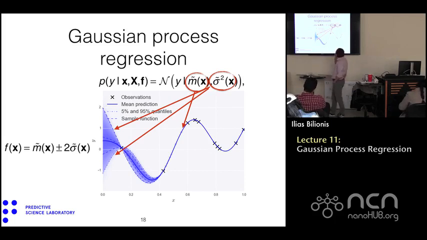But what if you wanted, and we're going to talk about that in like 10 lectures, not to find the function overall, but to find, let's say, the maximum of the function?